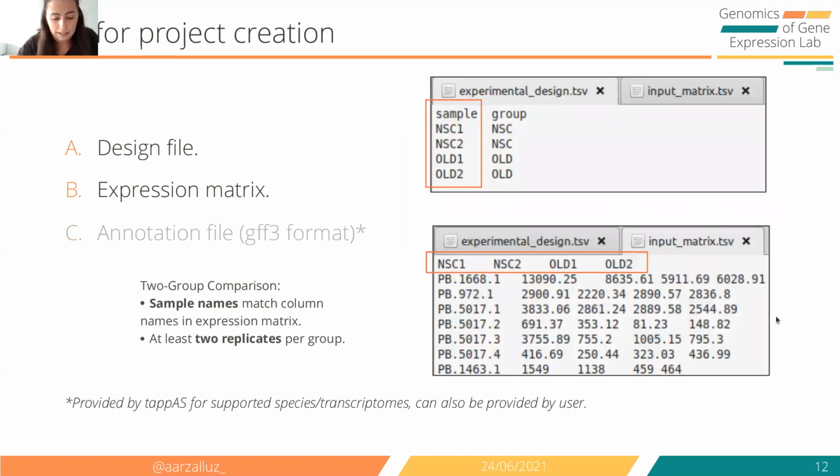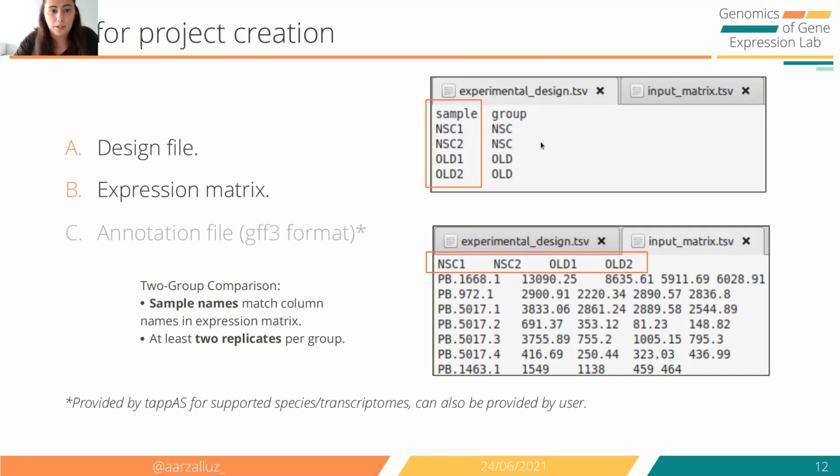So what is a design file? The design file is a small text file. I have an example here that specifies the names of the different samples and the experimental conditions that they correspond to. In the case of this tutorial, for instance, we have neural precursors, labeled as NSC, and oligodendrocytes, labeled as OLD.